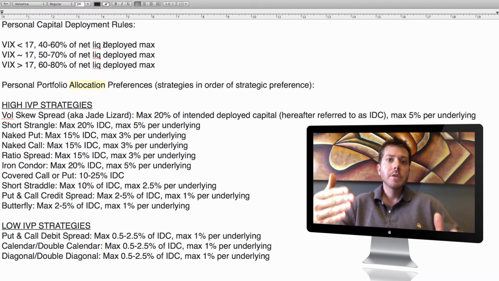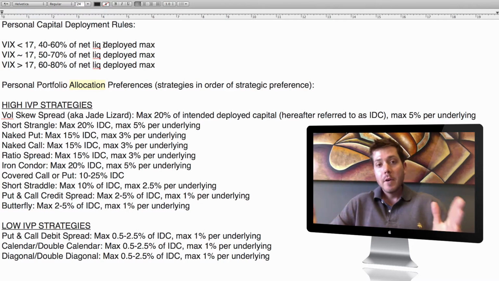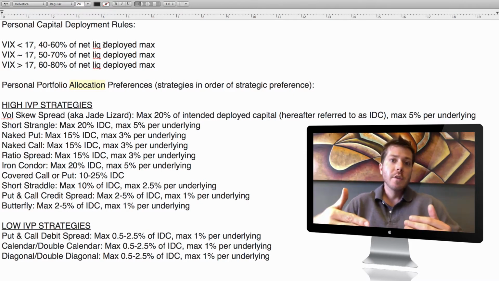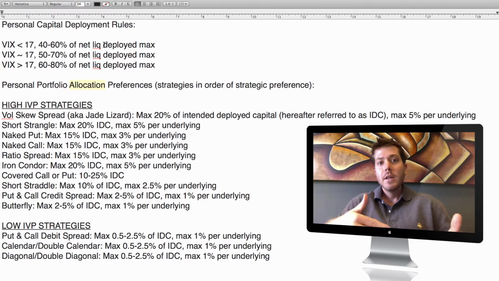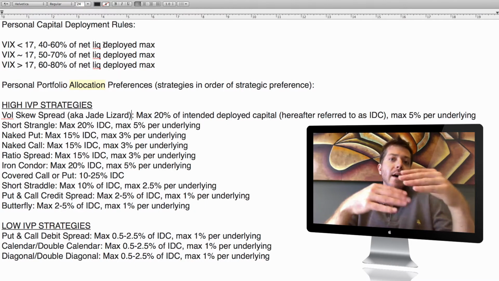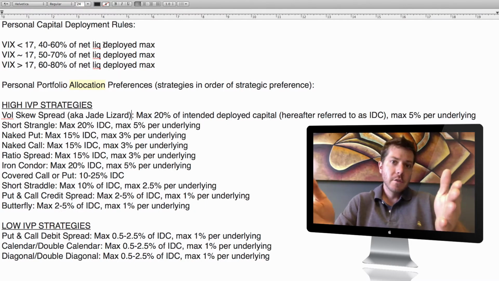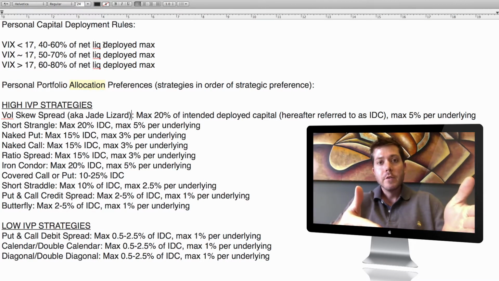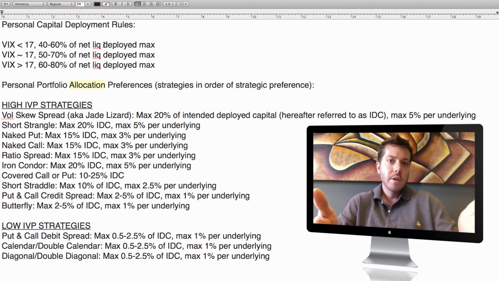A buying power effect adjustment will increase the percentage of the allocation that you have in a given position. So say you have $100,000 in your account, and let's say you have a $2,000 short strangle that represents $2,000 in buying power effect, which is 2% of your net liquidity.